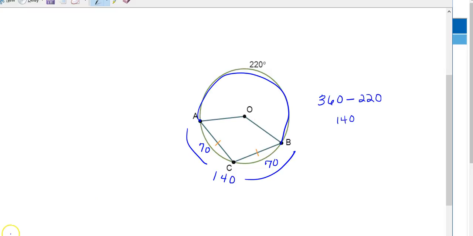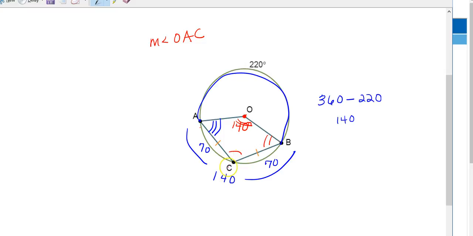Okay. So the question here was, what is the measure of the angle AOB? In order to answer this question, what is the measure of angle OAC? We have to first find what the measure of these other angles are here. Now, we know that angle A and angle B are the same. We know that angle O is 140 because it's on the center, so it's equal to the arc.